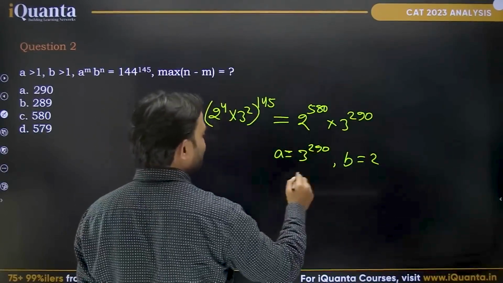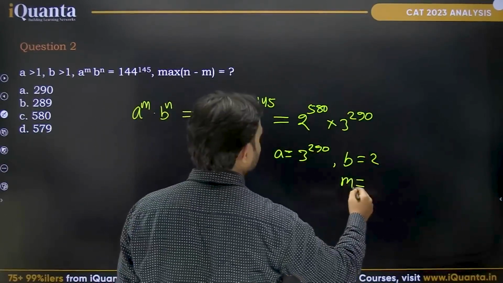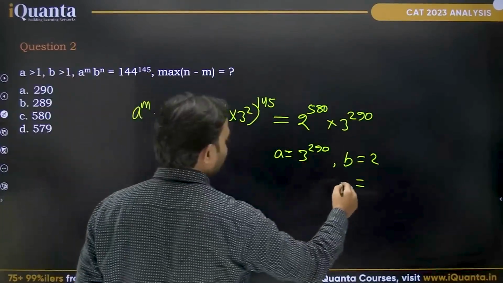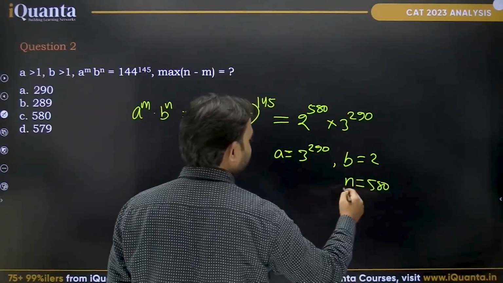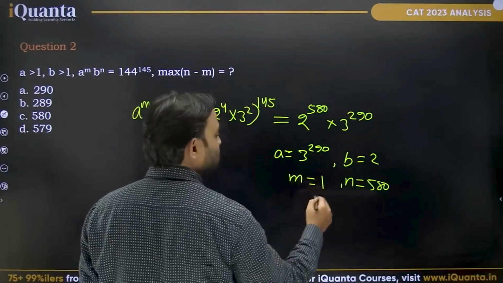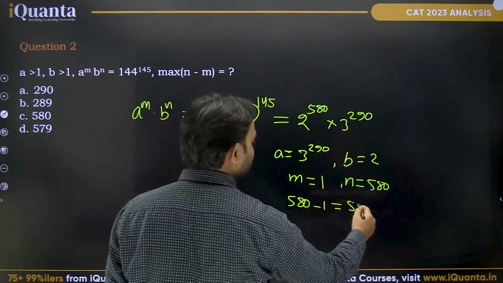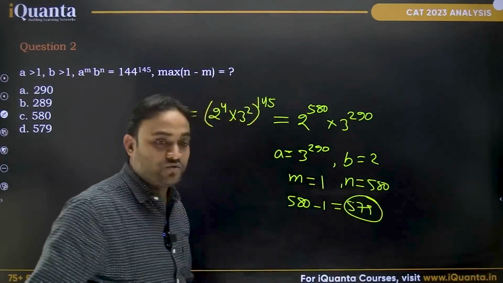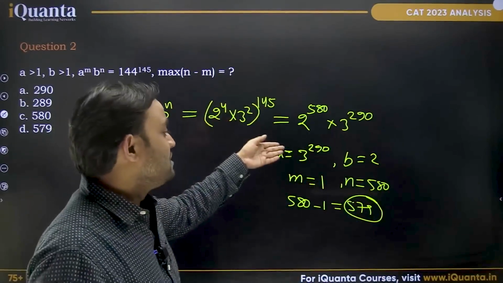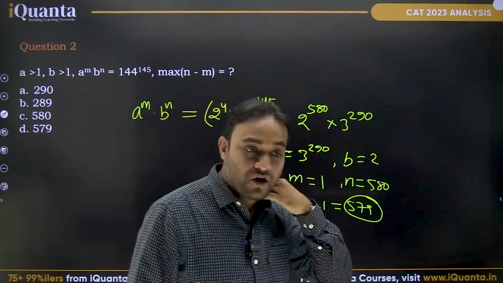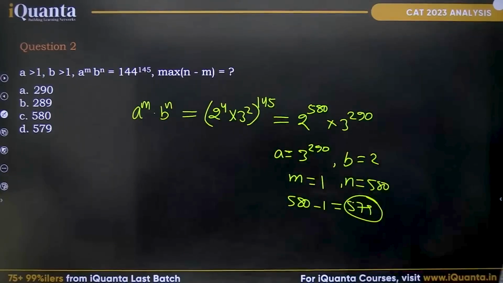In that case, what will happen? n will be equal to 580 and m will be equal to 1. So the difference 580 minus 1 will be equal to 579. This is what we can do. We need to minimize the value of m, which will be 1, and n maximum can be 580. You cannot break it further, okay?